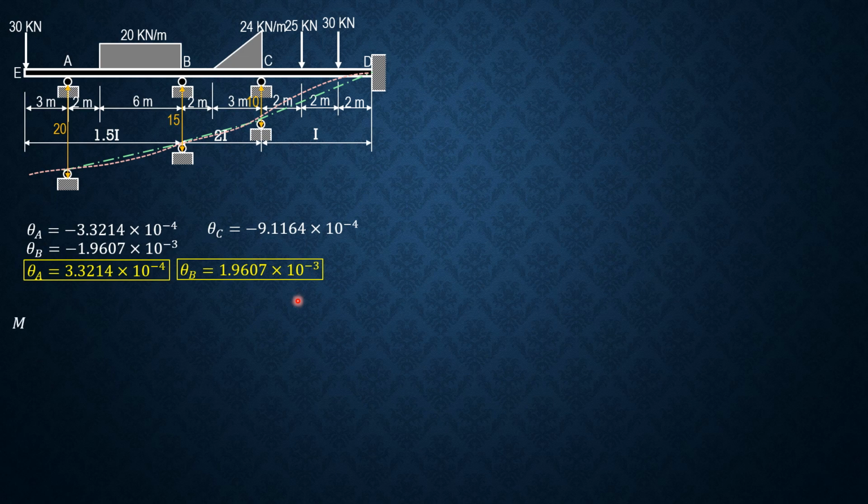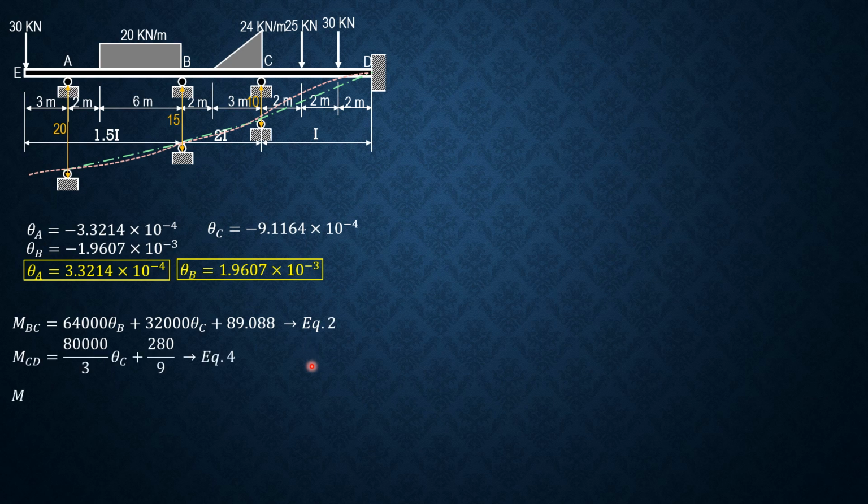radians. Then moment BC is 64,000 theta B plus 32,000 theta C plus 89.088. So MCD, that was equation 4, and this is MDC, 40,000 over 3 theta C plus 940 over 9, which is equation 5.